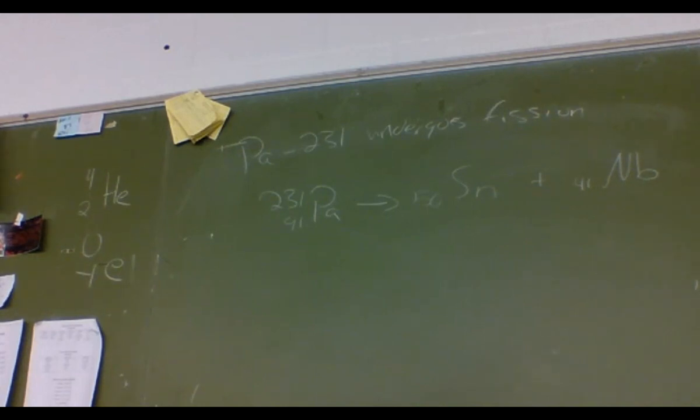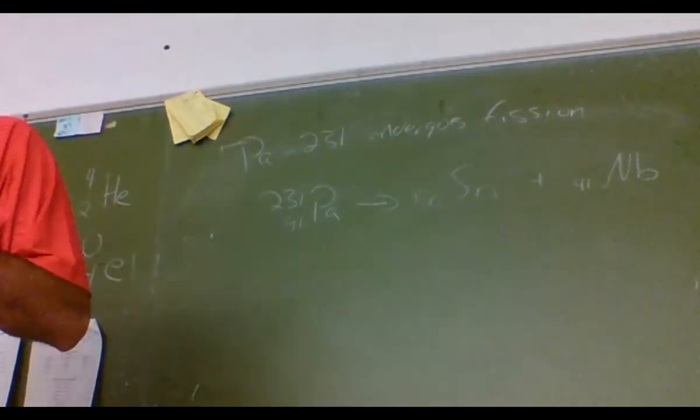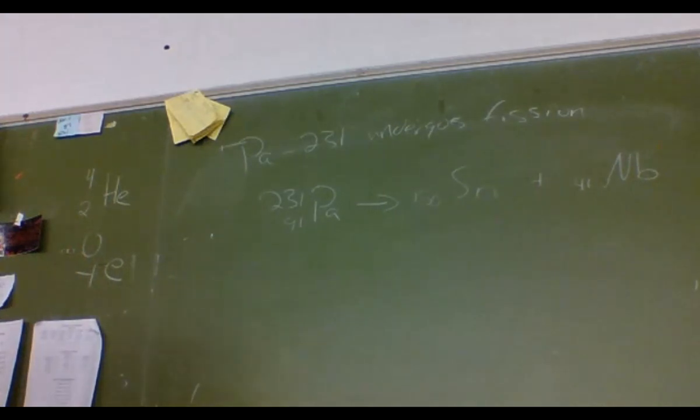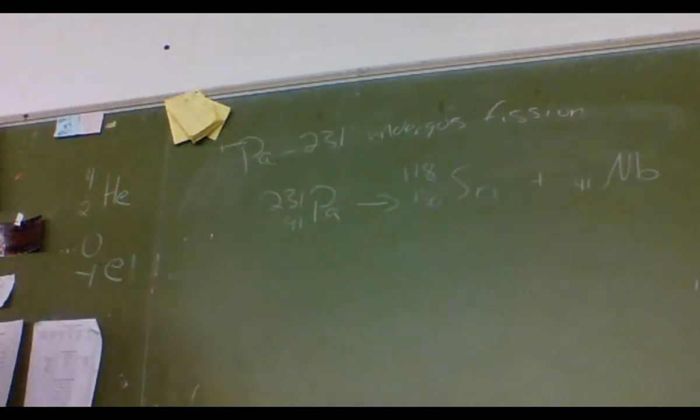Well, it gives you the most stable, abundant isotope and longest lived isotope. So you just have to pick an isotope. You can typically try to pick something around its average atomic mass, can't you? So what's the average atomic mass of tin? So you can probably pick 118, couldn't you? So I'm going to put 118 up there.